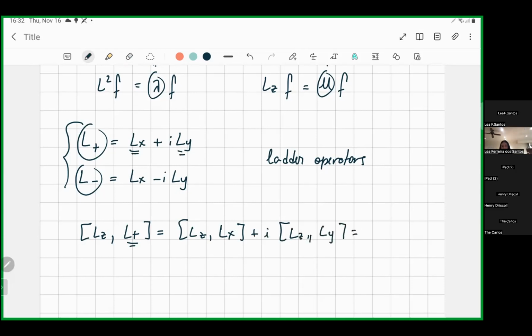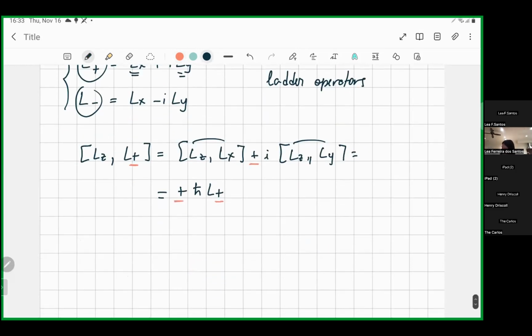If we know what these commutators are, and you put all these together, you're going to see that we get plus h bar L plus. If we do the same thing now with L minus, what changes is just this minus sign, and here we'll have a minus.